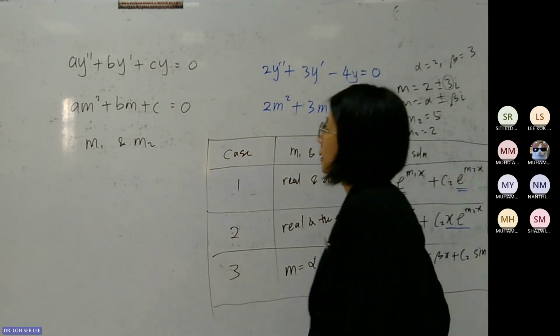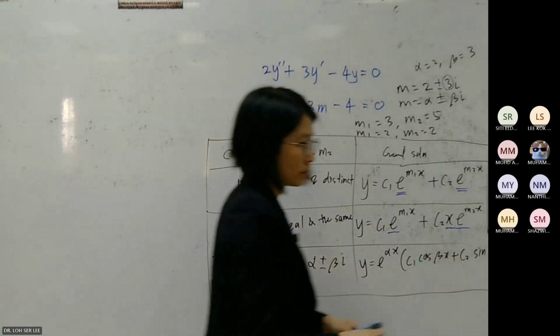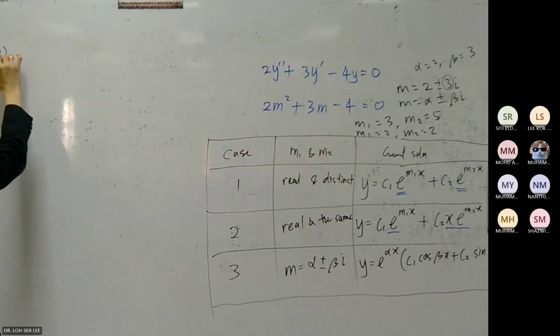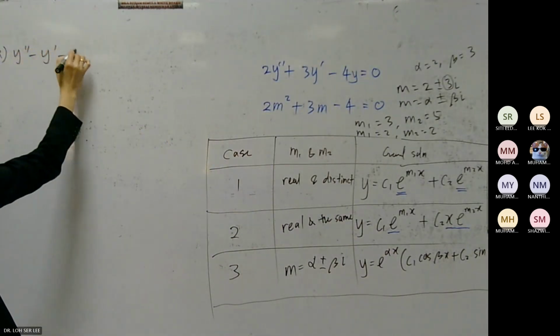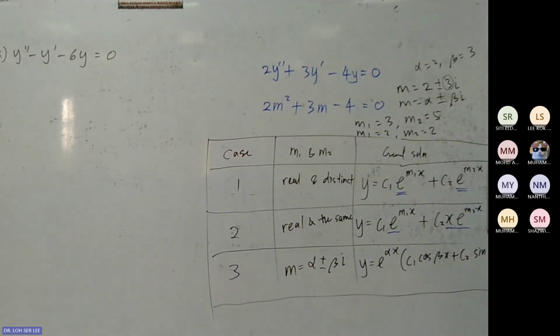Okay, now we try the exercise. Try to write down the characteristic equation. Then factorize.